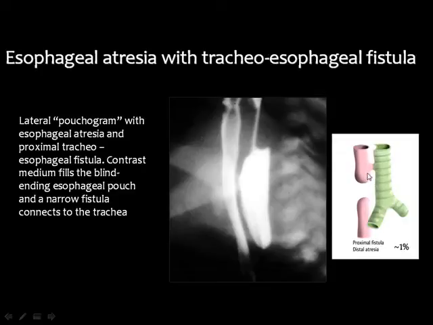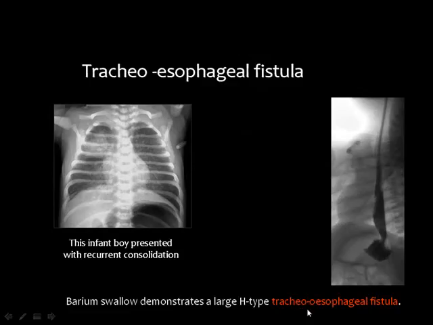This is the blind pouch, and here you can see the communication is nicely demonstrated. This is barium in the blind pouch of the esophagus, and here you can identify the communication with the trachea. In this patient with recurrent pneumonitis or pneumonic patches in the lung, a tracheoesophageal fistula was suspected and was evaluated by barium.